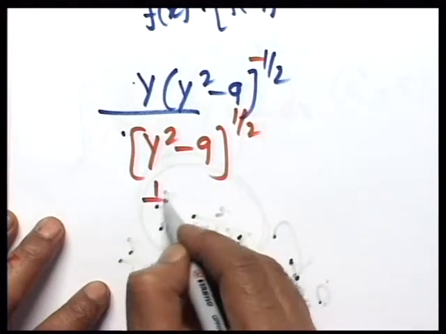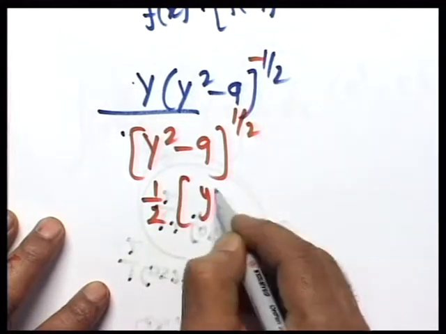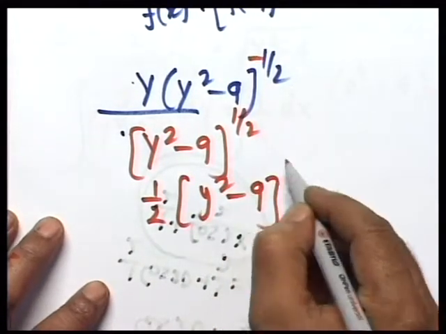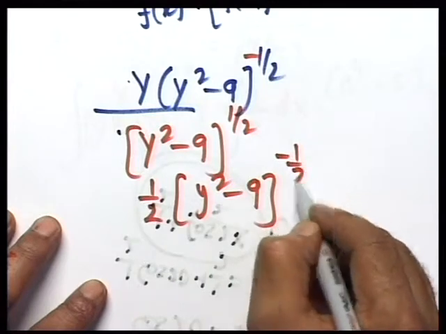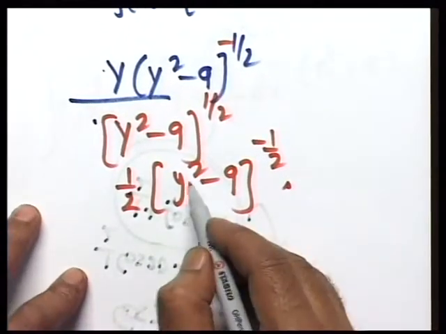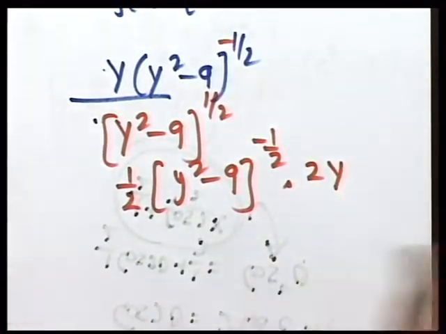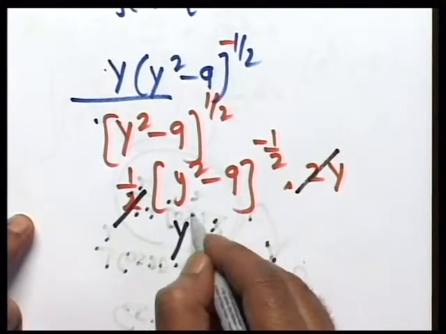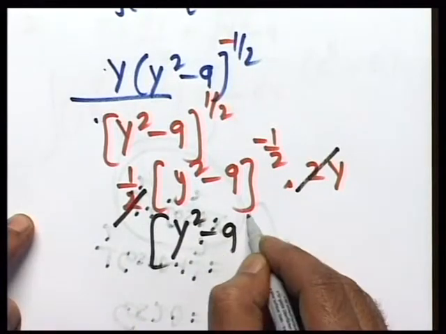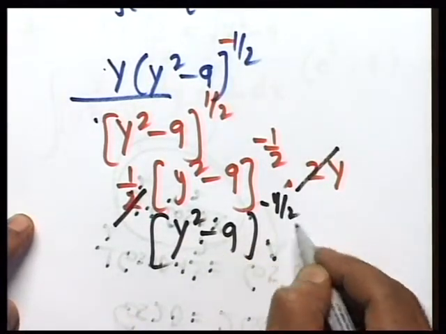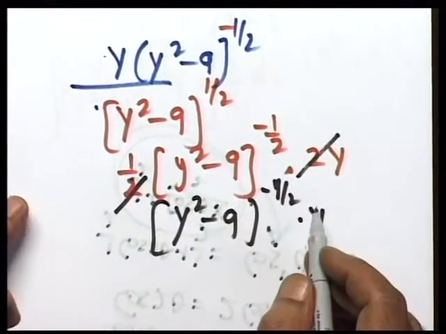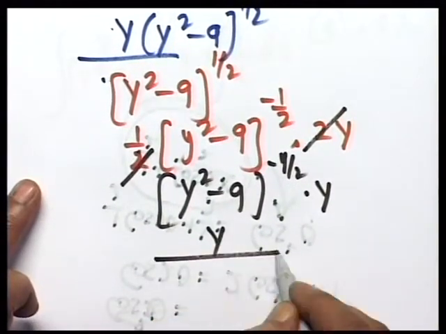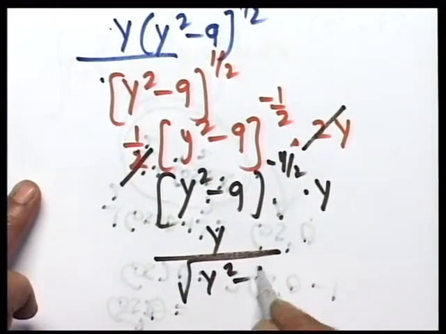We get half times (y square minus 9) to the power half minus 1, multiplied by chain rule, which is 2y. What basically happened, the 2 and the 2 cancel out. You are left with (y square minus 9) to the power minus half and then a y, which is exactly the same as y divided by square root of y square minus 9.